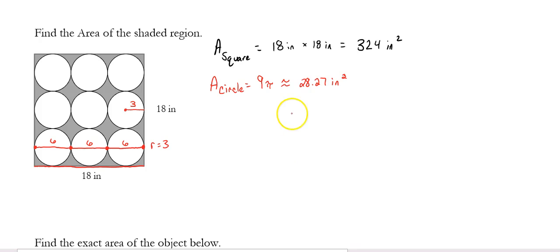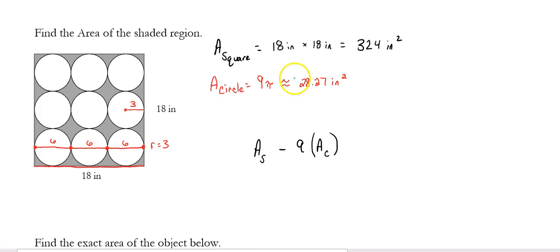So this is a subtraction problem, but be careful, because I'm not going to subtract one circle. I have to subtract all circles, all 9 of them. So at the end of the day, the area of my shaded region is going to be the area of the square minus 9 times the area of one circle. That's what we're looking to calculate.